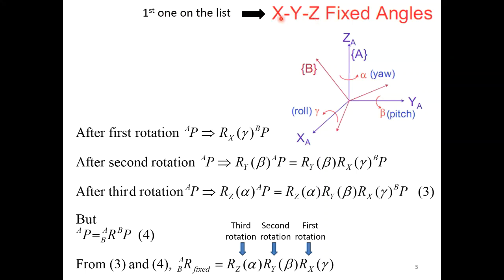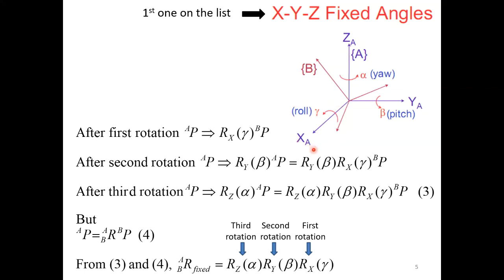Earlier it was Z, Y, X, and was Euler angles. Now the first rotation is around the fixed axis X, this one, by an angle gamma. The angle around that axis remains the same. Earlier also, the angle you rotated around x-axis was gamma, and this time also it's gamma, right?